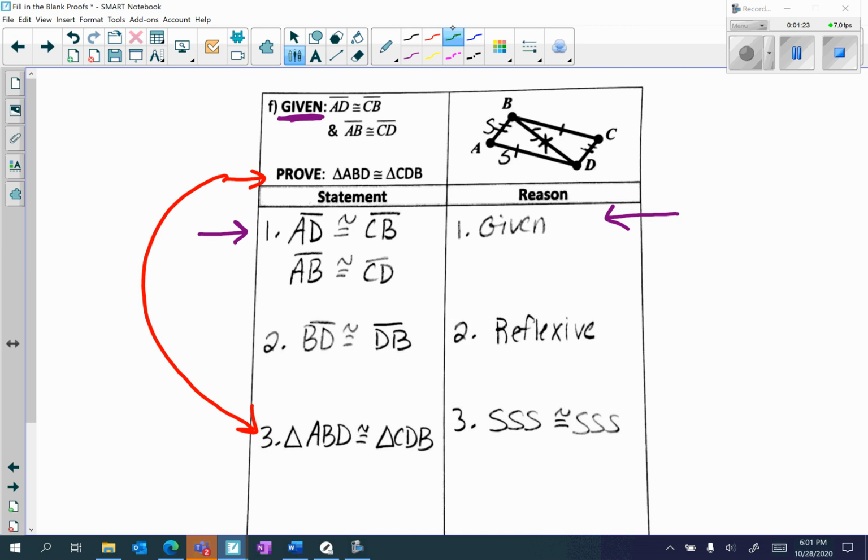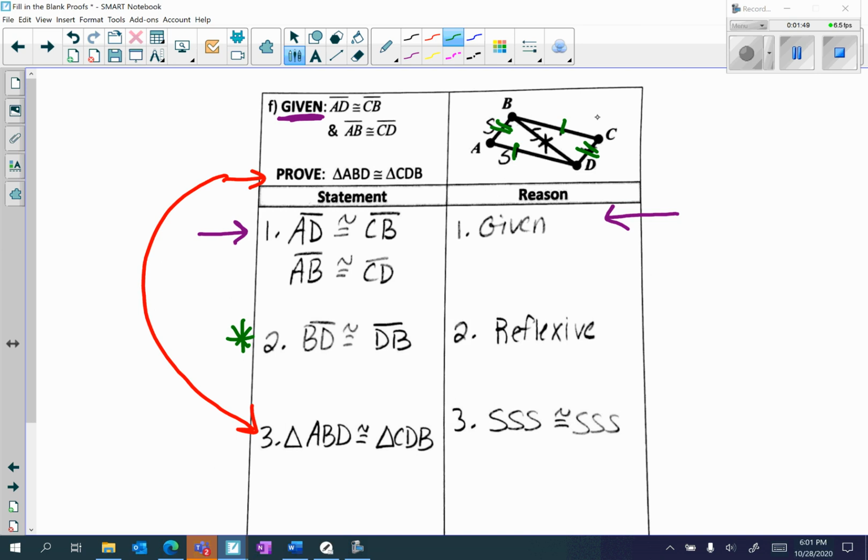The second statement you write is either going to be using the reflexive property or the vertical angles property. So what you should do now is mark up your diagram. AD is congruent to CB and AB is congruent to CD.